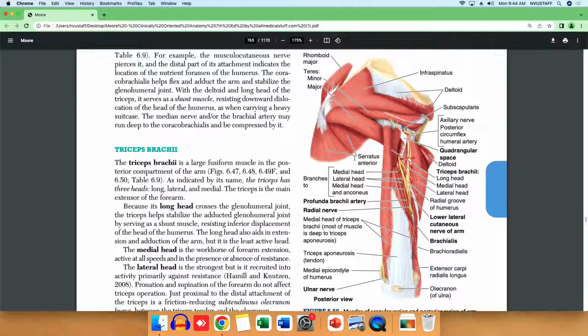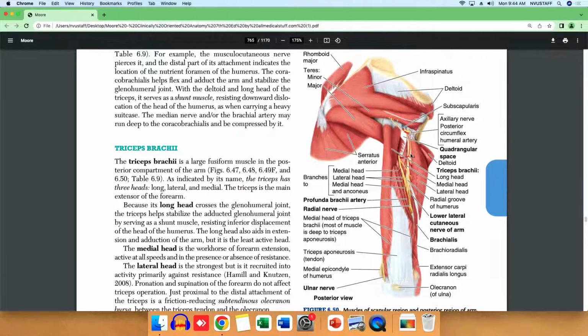Here is the part of serratus anterior, which is not that interesting for us. Here you can find the portion of the infraspinatus muscle, which we can say also overrides the part of the triceps brachii muscle. So that's how it looks like.